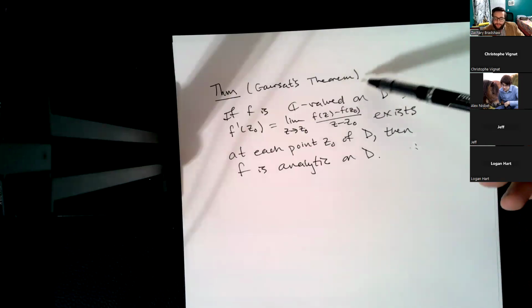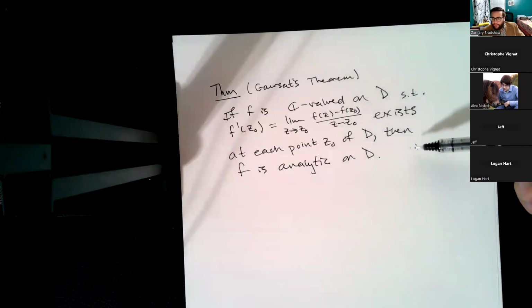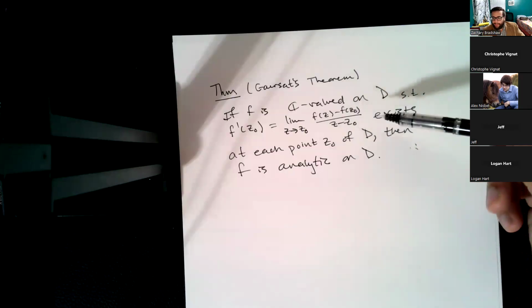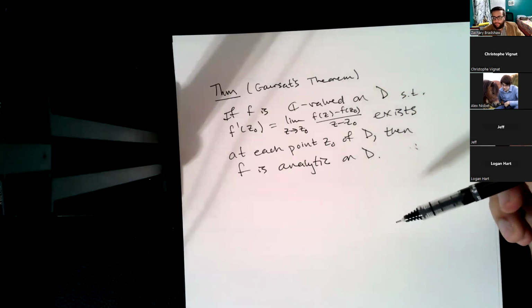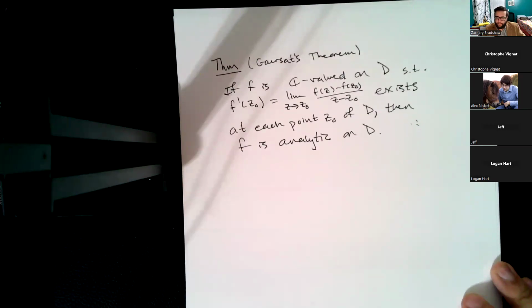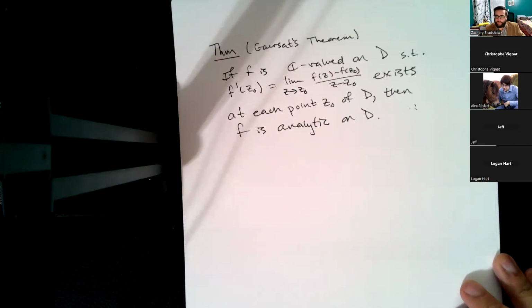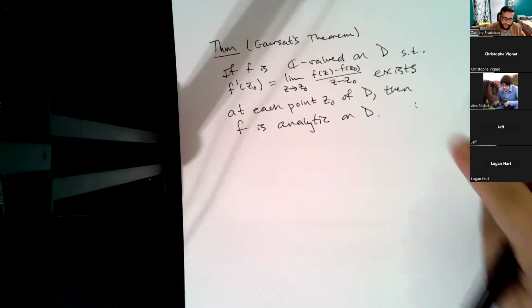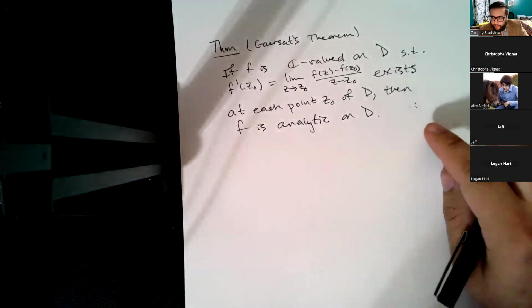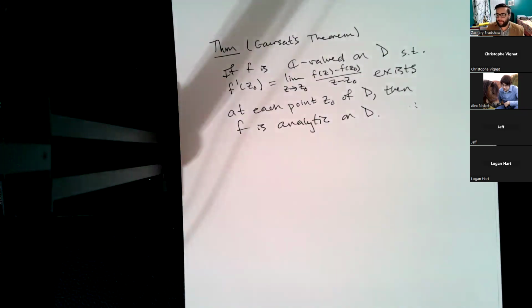But Goursat's theorem tells us that extra assumption of the continuity of the derivative is in fact redundant. All you need is the existence of the derivative. Or sorry, yes, the existence of a derivative. We hadn't yet gotten to that, which is why I had to argue about the continuity. That's why you had to reference the continuity of f. I see.